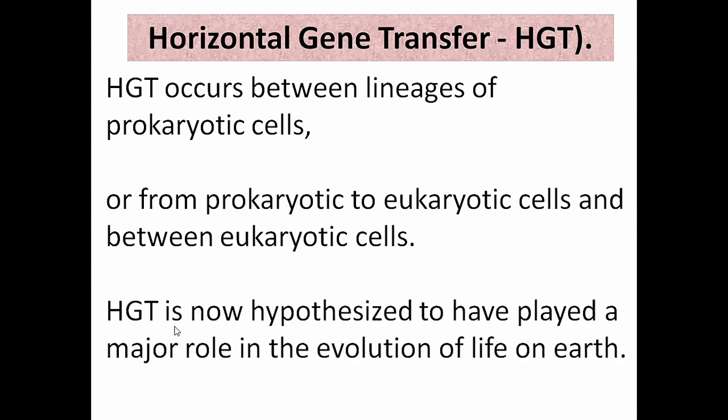Horizontal gene transfer is now hypothesized to have played a major role in the evolution of life on Earth. Horizontal gene transfer is possible because of the mobile genetic element nature of introns. Introns can move, and because of the movable introns, horizontal gene transfer is possible.